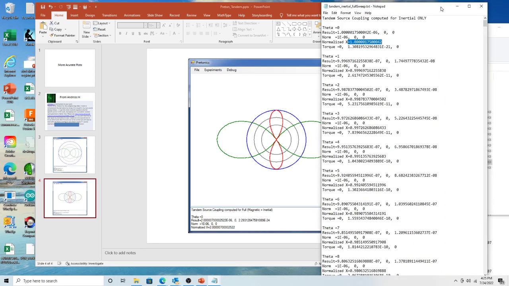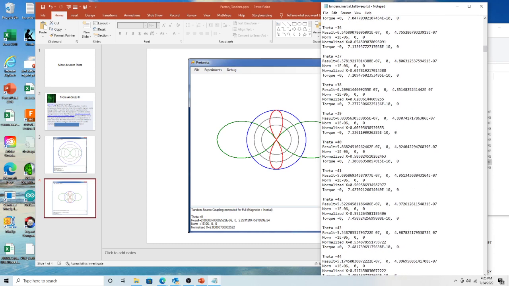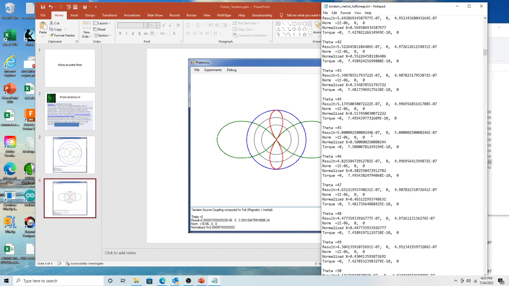So an interesting thing, if we go to the tandem inertial only, and we go to 45 degrees, this gives away the secret here. At 45 degrees, our amplitude is exactly half. Our Coulomb component is half, but if you notice, the actual vector is a vector at 1/2 the Coulomb amplitude that goes out at 45 degrees.